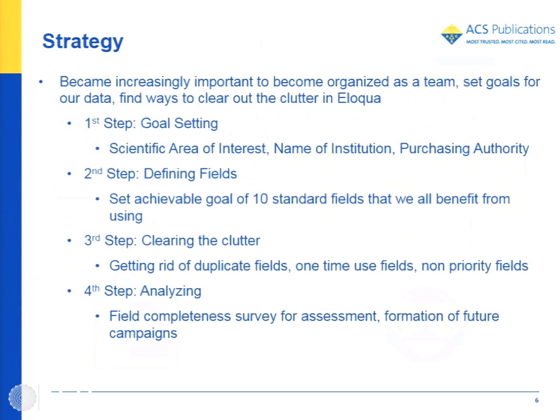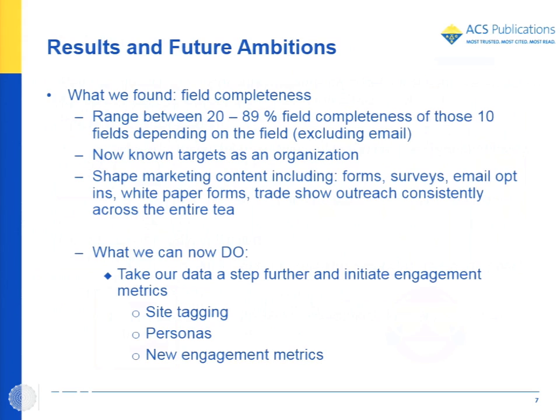So, we might have 90% completion on the first name or the last name, and then we find, institution's very important, but we only have like 20% of the people in our database have that field completed. So knowing what we had to work towards, basically. So again, what we found with the field completeness, knowing that and moving forward with known targets for our organization as a whole.